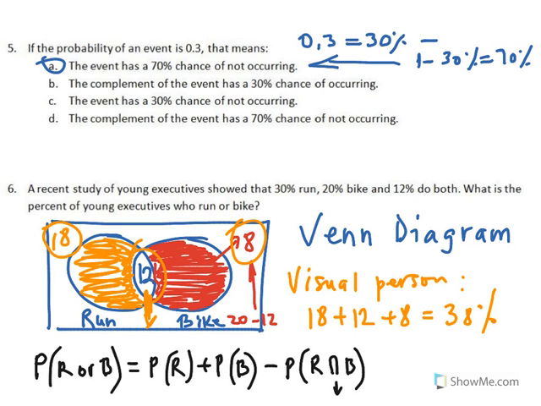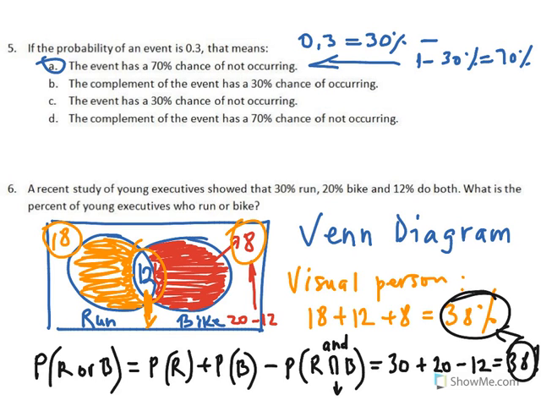Again, this is intersect, meaning and. That'll be percentage of those who run, 30, plus percentage of those who bike, 20, minus those who do both, 12, and 30 plus 20 is 50, minus 12 would be 38%. So you get the same thing as here. Alright, so the answer to that is 38% of young executives run or bike.